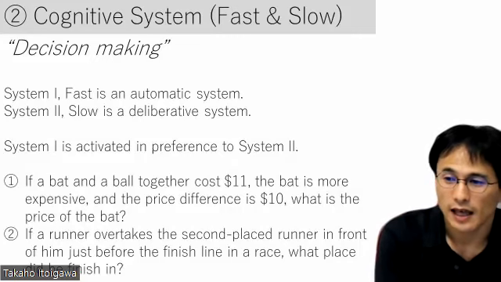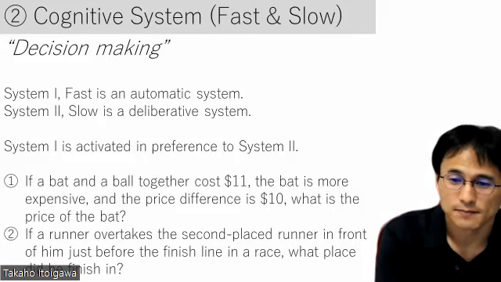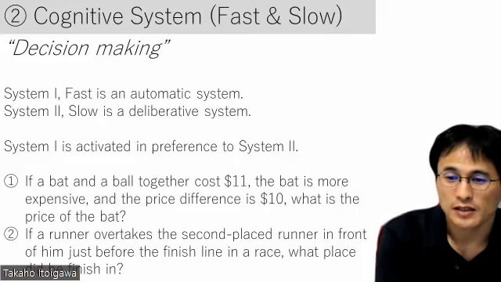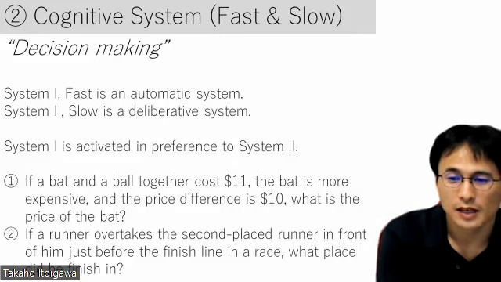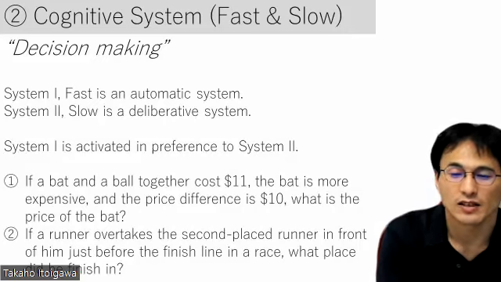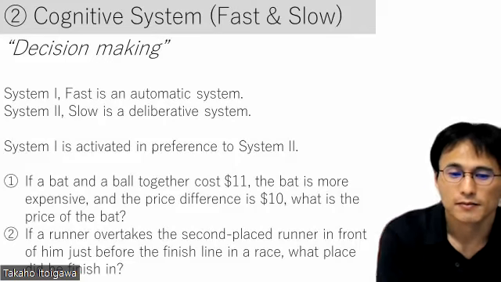If a racket and a ball together cost $11, the racket is more expensive, and the price difference is $10, what is the price of the racket? The price of the racket is not $10, but you attempt to think it is $10. This is System 1 cognition.